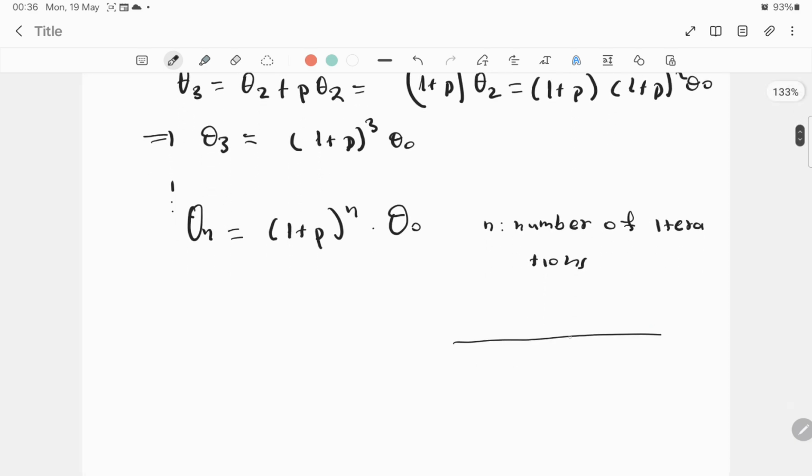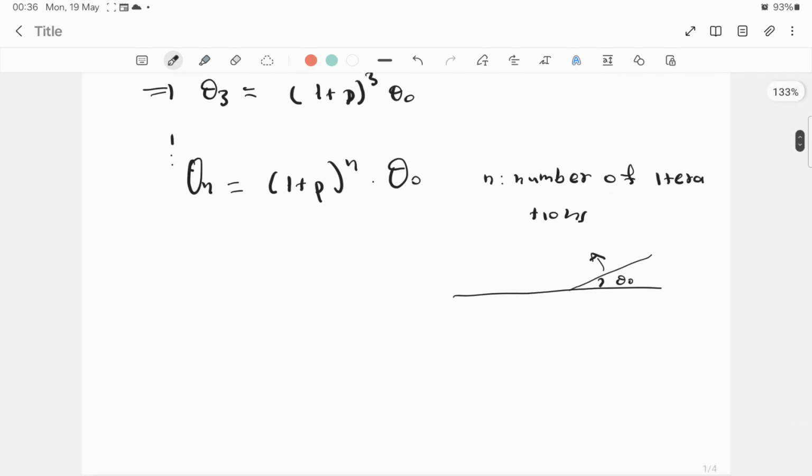So assume that you have theta 0 and then you increase the angle going counterclockwise. You want to find what is going to be the value of the angle after 10 iterations.